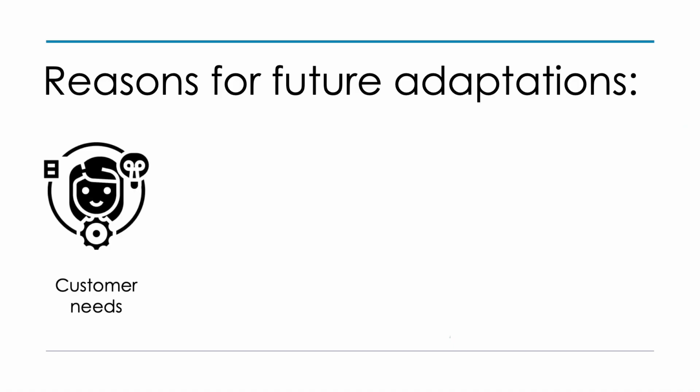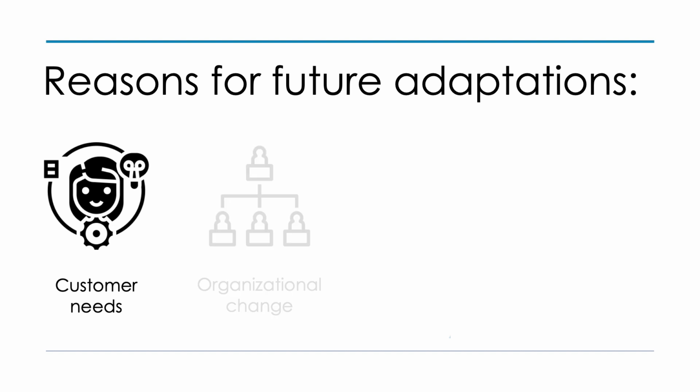All right, so the sprint review, like I said, is about inspecting and adapting the product, or more generally, it's about inspecting and adapting the outcome of your team's sprint. Now, we're going to do this with stakeholders so we can collaborate with them on what future adaptations need to be made. Now, why would future adaptations be required? A number of reasons out there, but it can be due to changing customer needs.